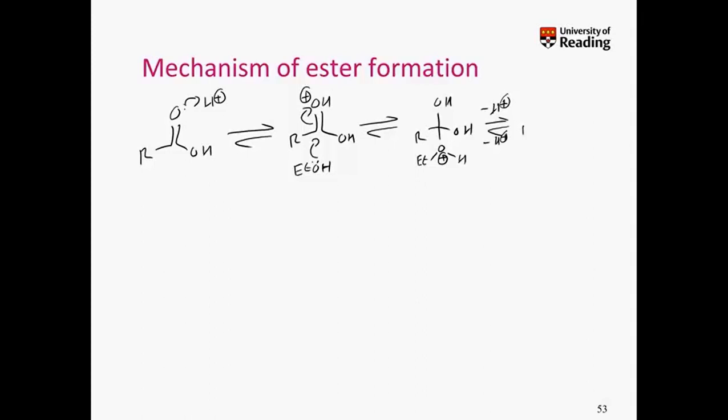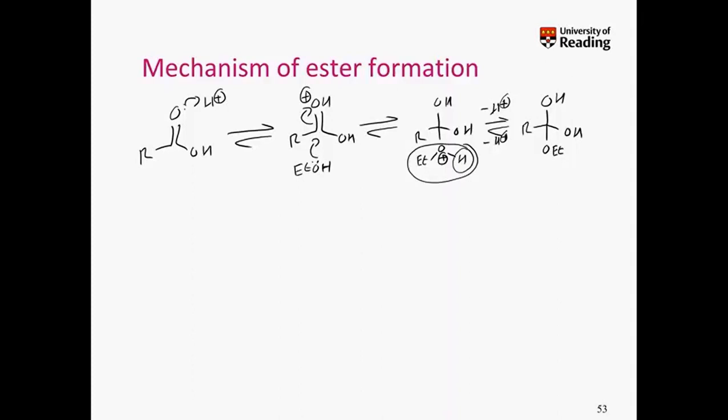What we're saying is that, at some point, it's all in equilibrium, and we can deprotonate the ethyl group. So we've removed this proton from here, but we can add that proton somewhere else.